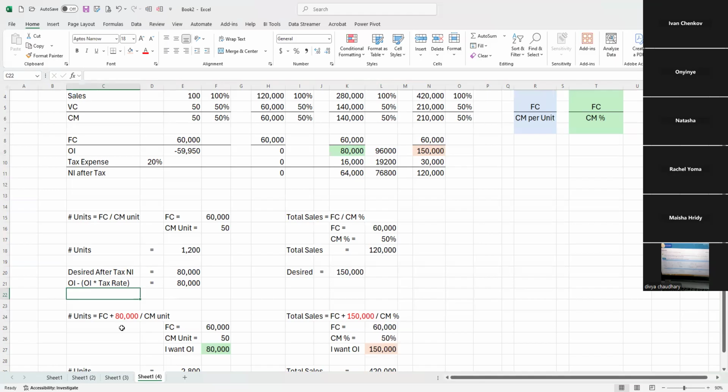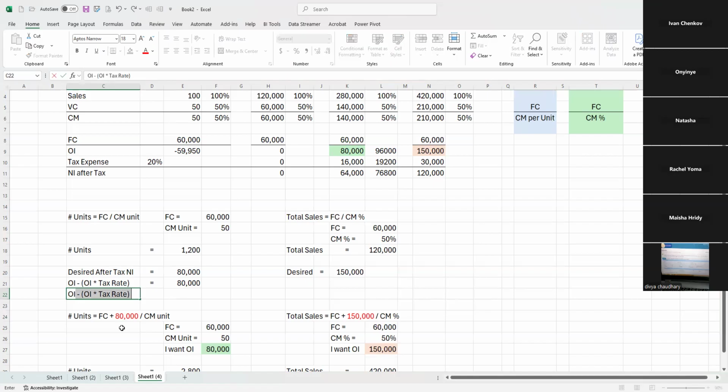Do I know my tax rate? Yes, 20%. So what do I have here?